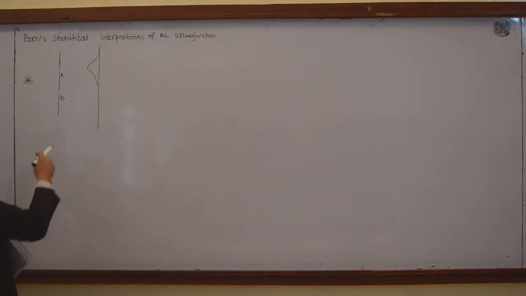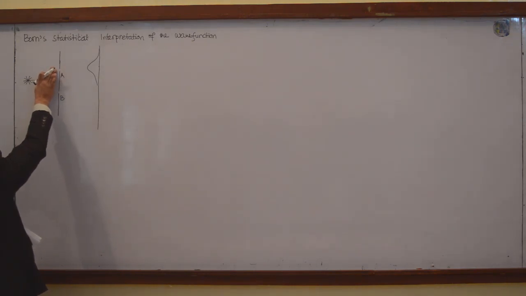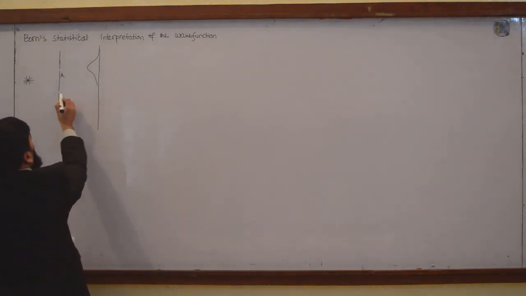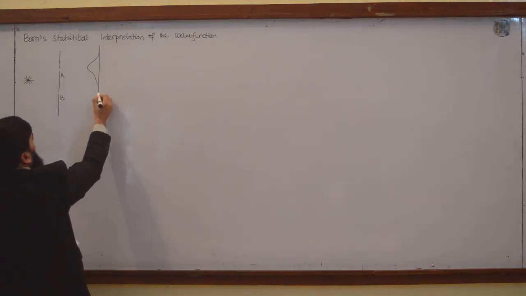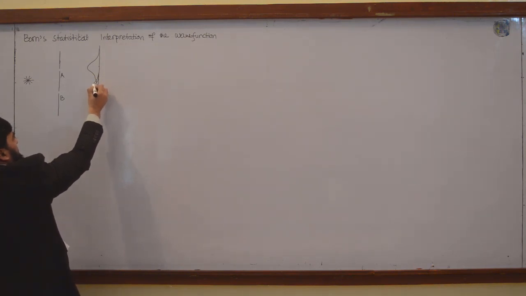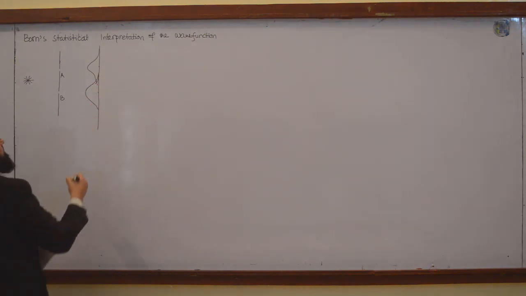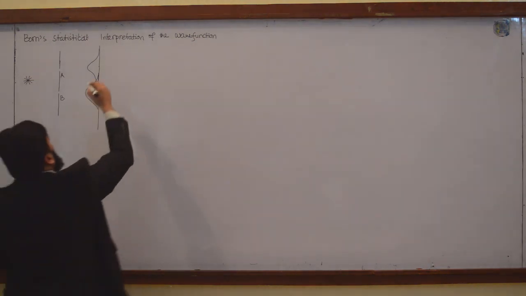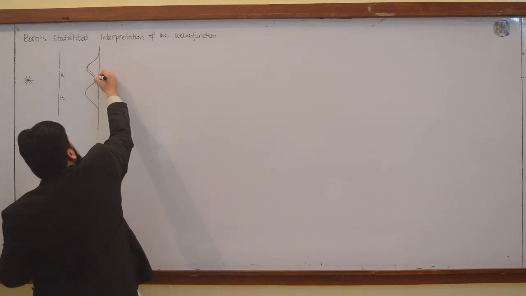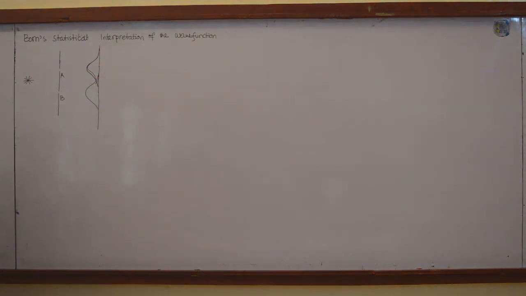And if I close slit A and open this one, then in front of it will be the maximum number of particles reaching the screen, so it will have its own distribution. My drawing is not that good, but you can see something here.